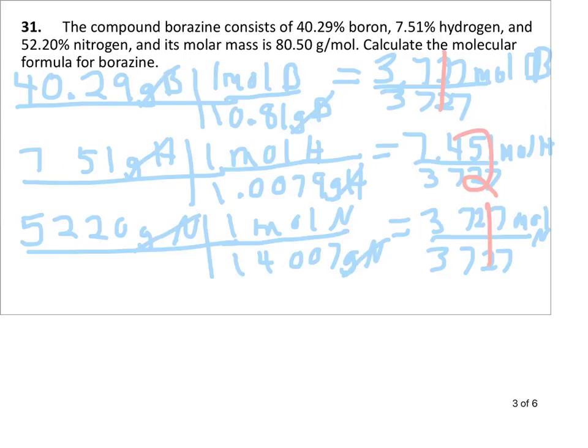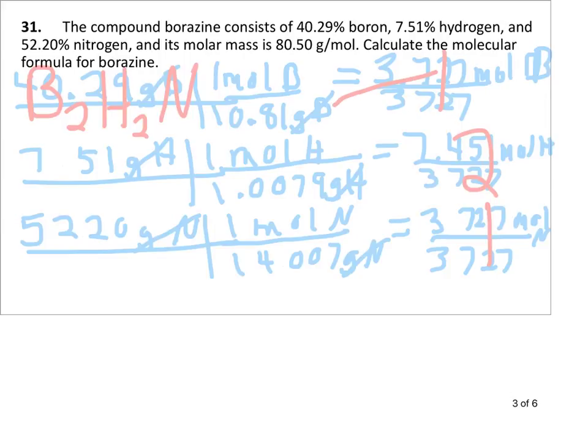Meaning our empirical formula then is BH2N. And I have to go find our molar mass for that, and like we did in the preceding one, we've got all the information we need for that.